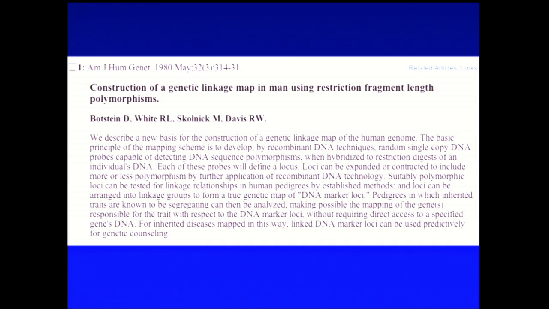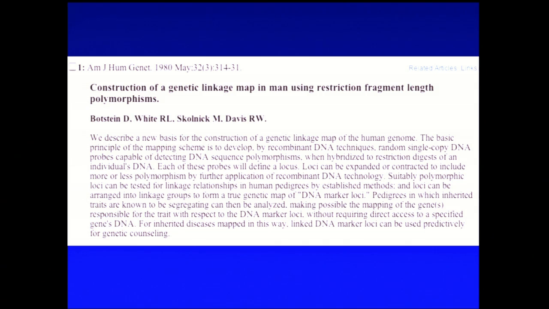So all of those isozymes ran differently because they had different amino acid sequences, and they had different amino acid sequences because they had different DNA sequences. And so Botstein and his collaborators recognized this and put out there that let's skip the isozyme analysis, let's skip the histocompatibility analysis and look directly at the DNA.